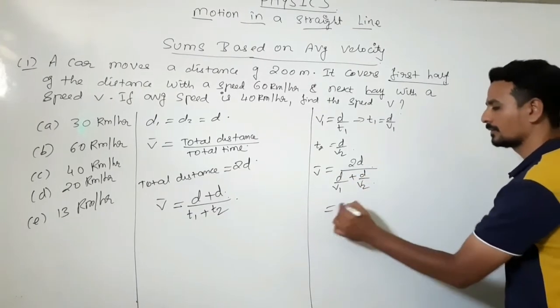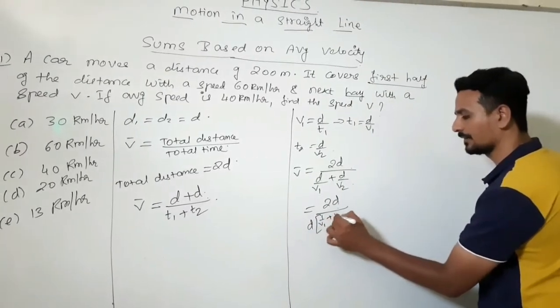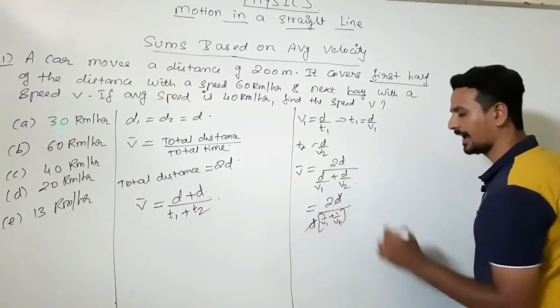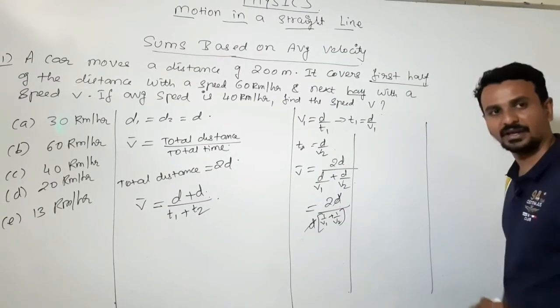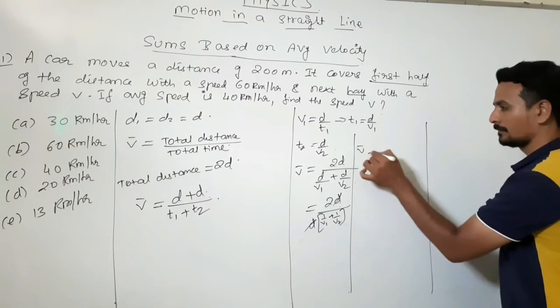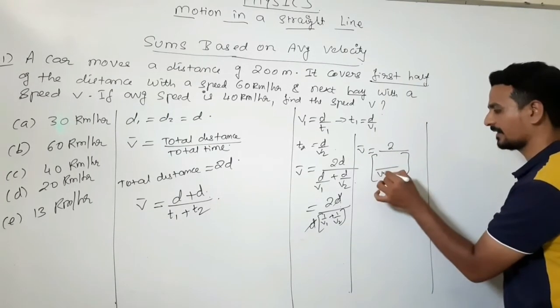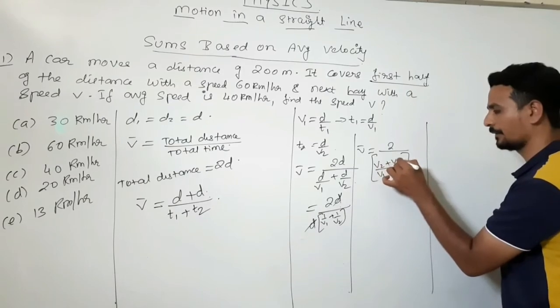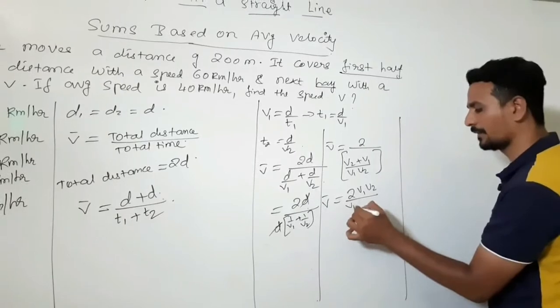So 2d upon d taken common, 1 by v1 plus 1 by v2. The d's get cancelled. Taking the LCM v1 v2, it is finally average speed equals 2 v1 v2 upon v1 plus v2.